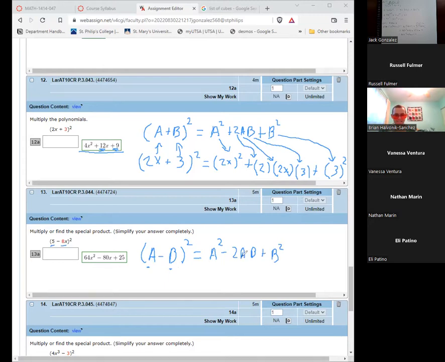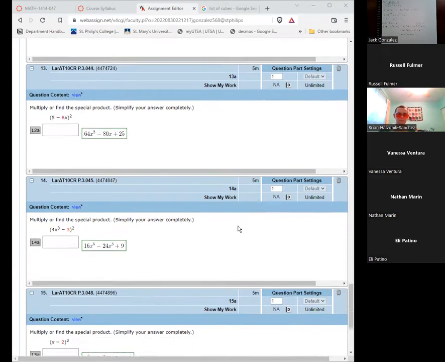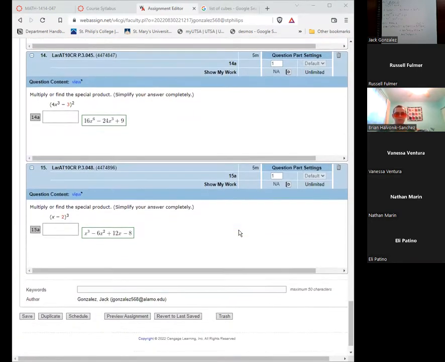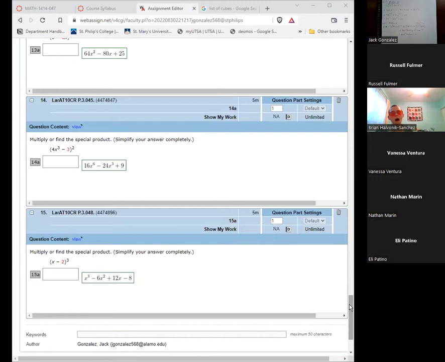Anyway. Any questions on this idea, these special products here? And I'll give you a sheet with all these formulas at some point. Yeah, that's pretty much it.